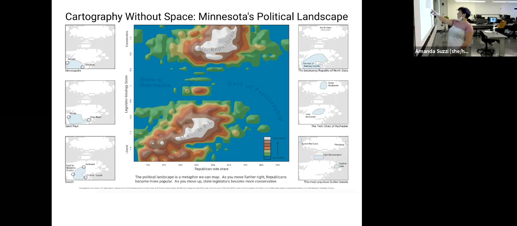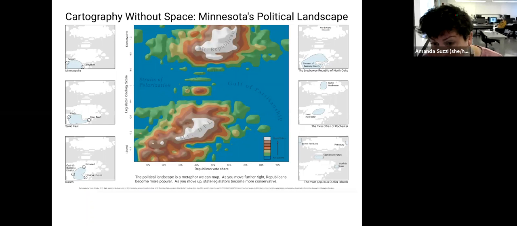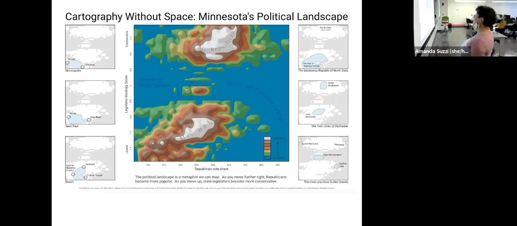So, for example, there are some Republicans that voted liberal from, I actually have no idea what that says. Sunfish Lake. There are some super conservative Republicans in Princeburg or something like that.